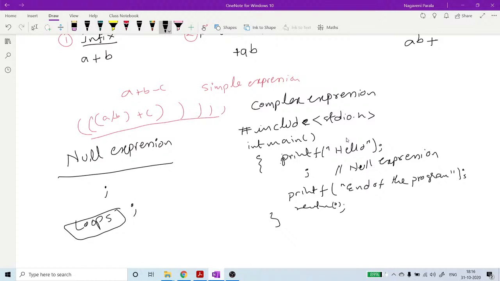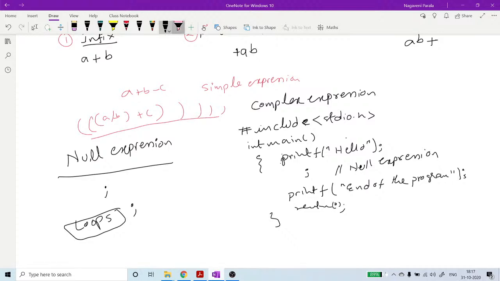In competitive programming, quizzes or first technical rounds of interviews, they give a simple code, and we may think it is a simple question, but there is some null expression in it, and based on it the results will vary. So we should not underestimate the null expression, as it may change the results a lot with loops. That's why I'm introducing it. So a null expression is simply a semicolon.